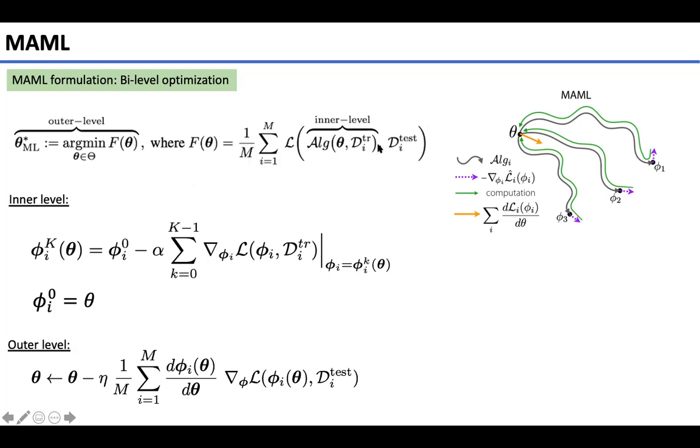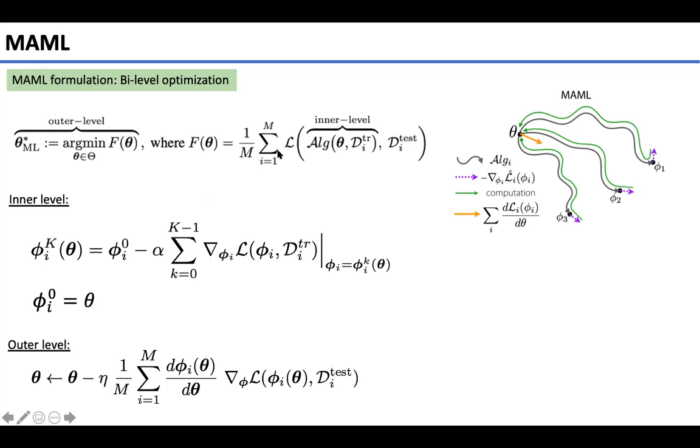And as we can see here, the local model is a function of the training data set and also the meta model. The relation between the local model and the meta model is shown in this equation. The local model is K SGD steps from the meta model in the direction of the local problem, using the training loss of the specific task on its own training data set.